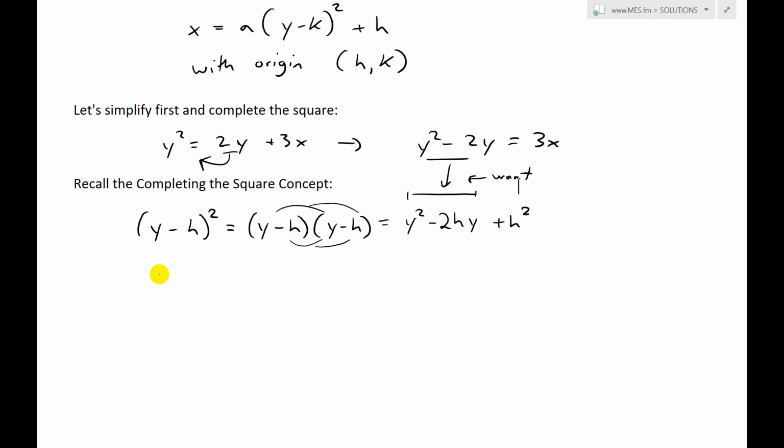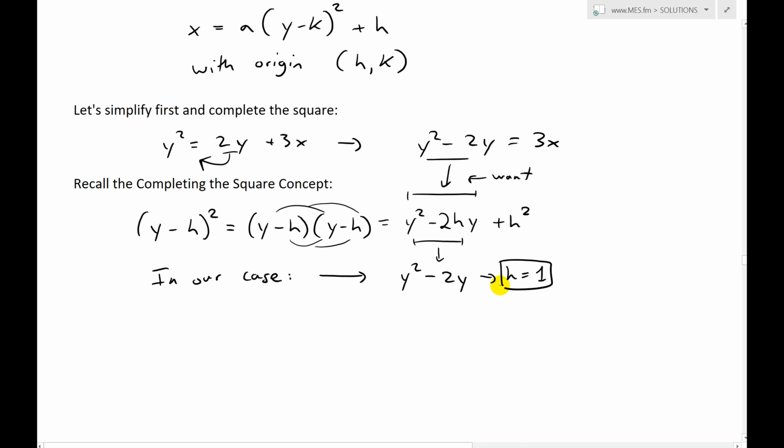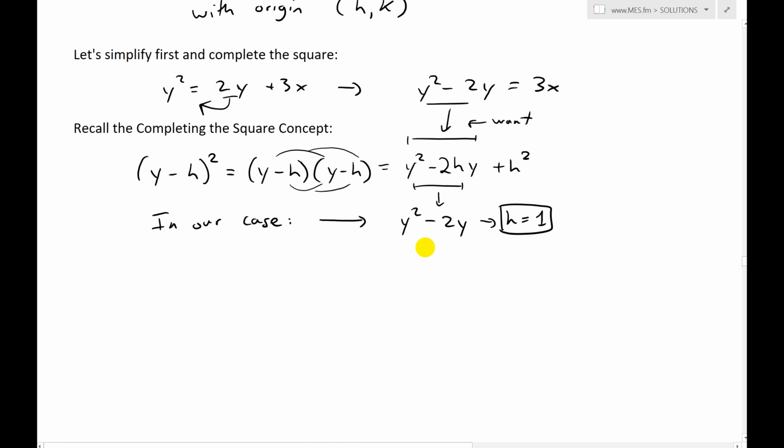So in our case, we could set these equal to each other: y squared minus 2y equals this one right here. So in other words, this h needs to equal 1.